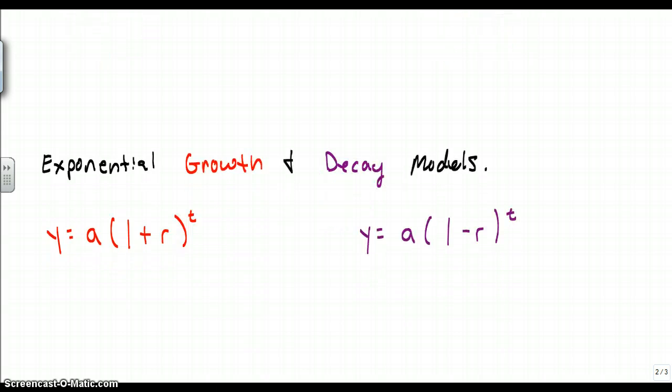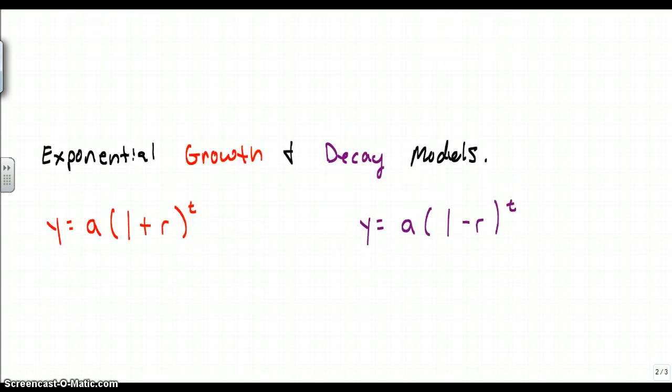And this 1 plus r and this 1 minus r have special names. In the growth model, this is called the growth factor. And r is the rate at which you're growing, like 5%, 10%, something along those lines. So 1 plus r would be the growth factor.